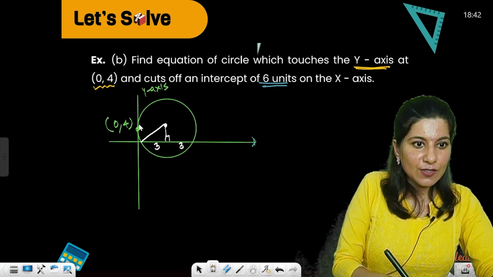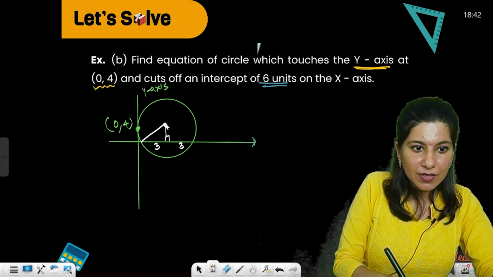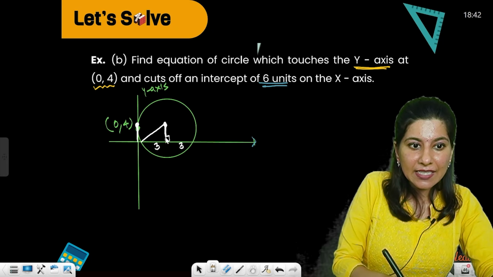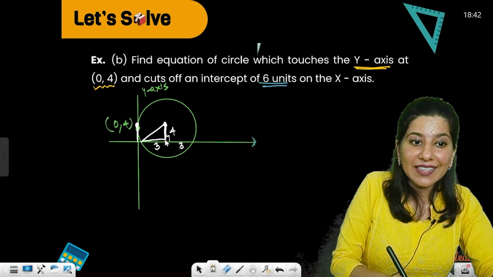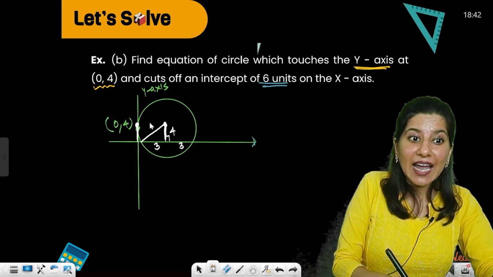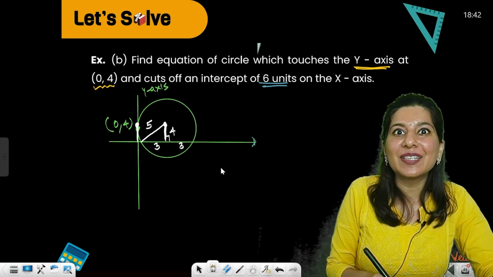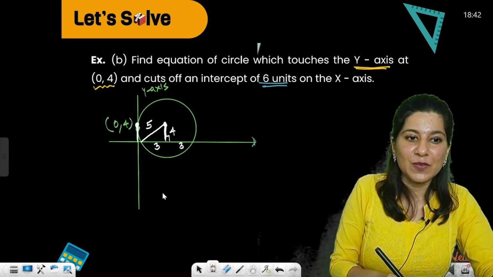Find the equation of the circle which touches the y-axis at 0, 4. Okay. So, if this is 0, 4, just understand one thing. This length and this length, both will be equal, touching. So, this will be 4 again. 4, 3, 4, 5 are Pythagorean triplet. So, this will become 5. Okay.